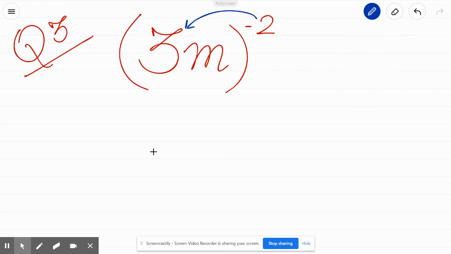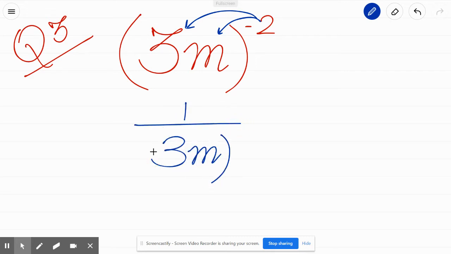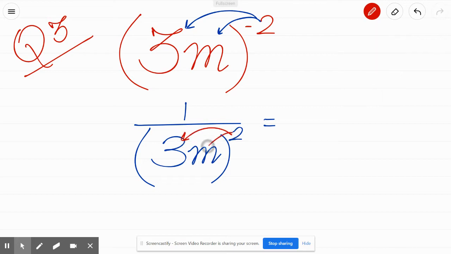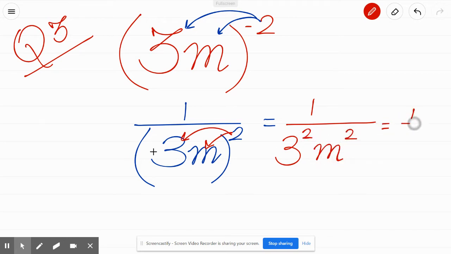So we can write it as its reciprocal with a positive power so we can eventually solve it. Now the power is positive, everybody gets the power 2, or they get squared basically. So this changes to 1 over 3 squared times m squared, which is now equal to 1 over 9m squared, and that's your answer.